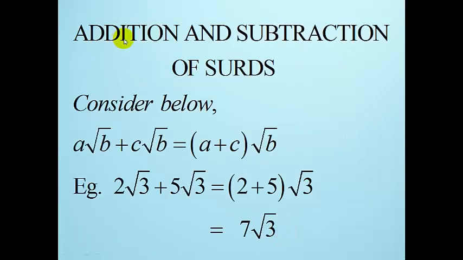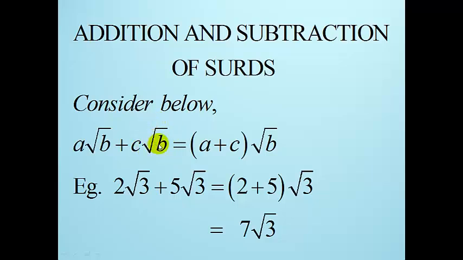Now we look at addition and subtraction of sets. Consider below a root b plus c root b. Now we can see that a root b is a set, and c root b is also a set.